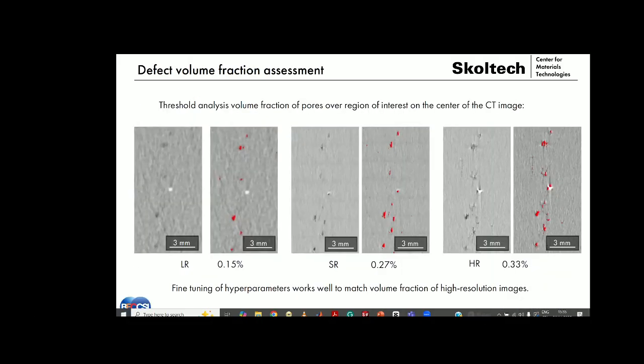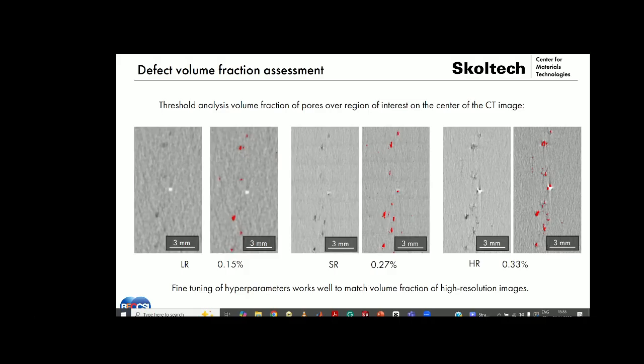And we have checked that. We did a defect volume fraction assessment with simple thresholding. This is a region of interest at the center of the CT. For low resolution images it was 0.15, for super resolution 0.27, and for the original high resolution lab images, 0.33.